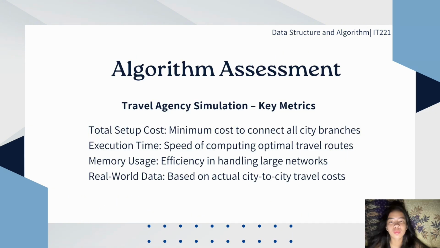Now, let's evaluate Kruskal's algorithm through measurable performance criteria. We use three main metrics: execution time, total MST weight, and memory usage. To provide a comprehensive assessment, we tested the algorithm on both synthetic graphs and real-world data scenarios, like our simulated travel agency network.